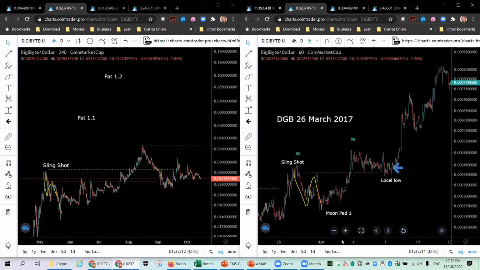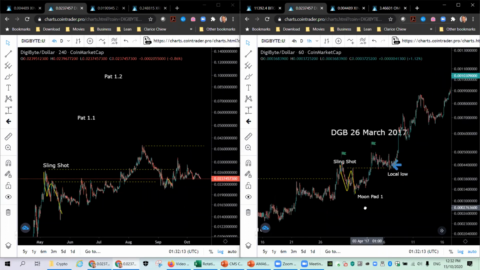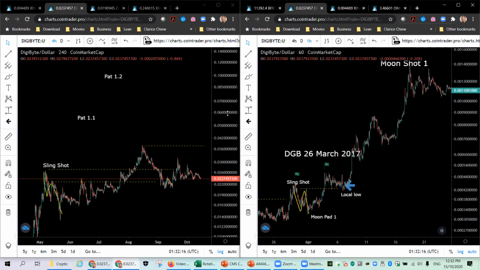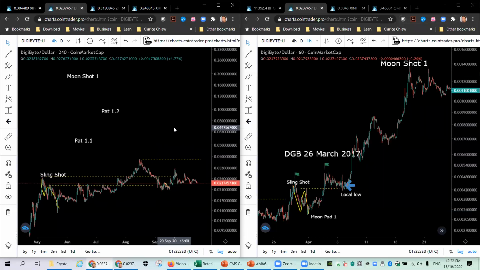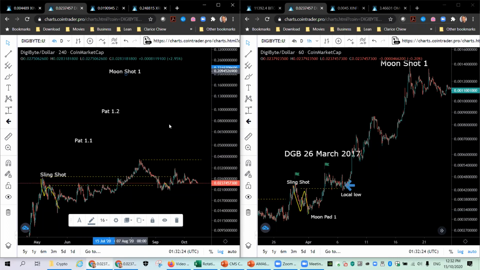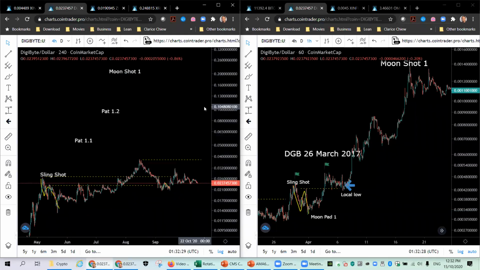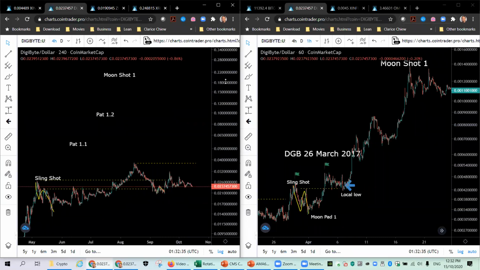Yeah, it's going up. It's going up to Moonshot 1, which is up there, right? So what's Moonshot 1? Did we say 25 cents? I can't remember. Yes, 25 cents. Yep. So you can see if I were to scale this, it does go up to there, right?